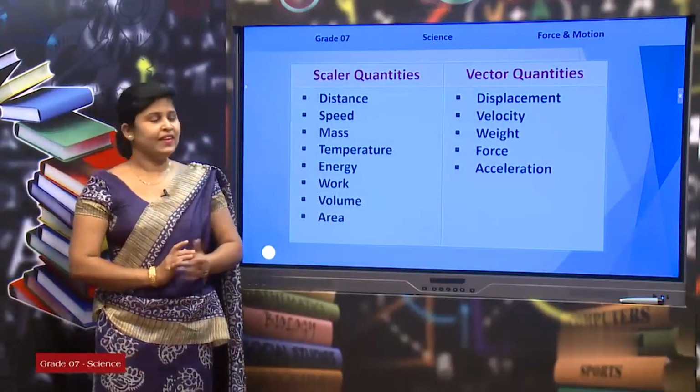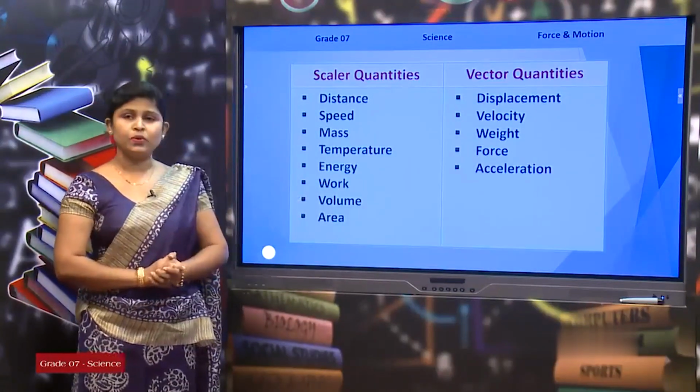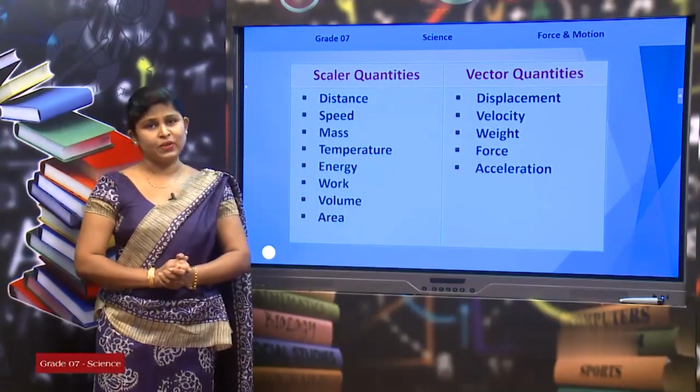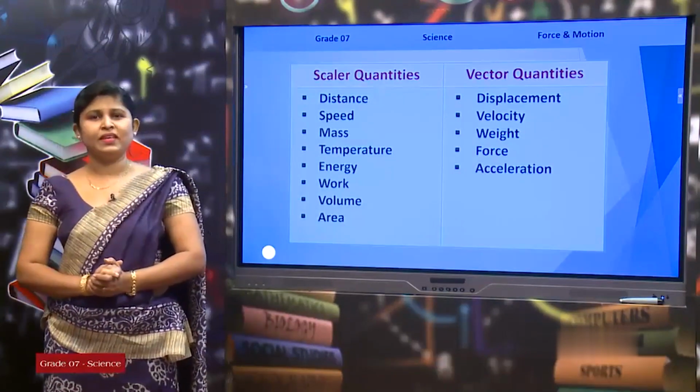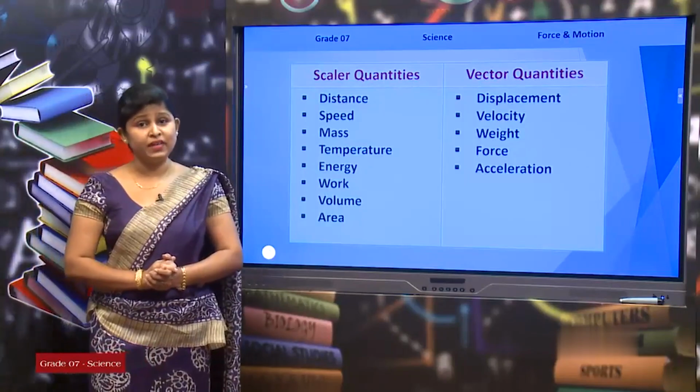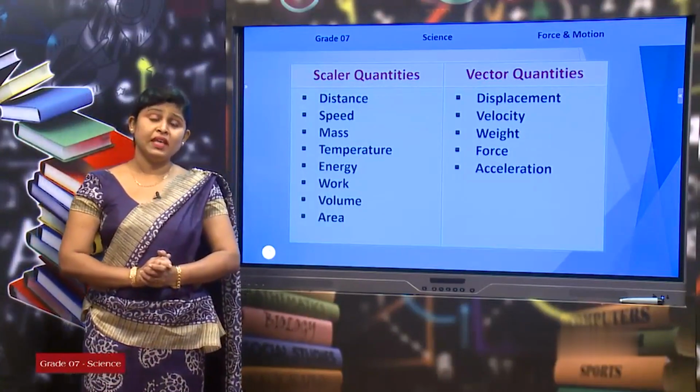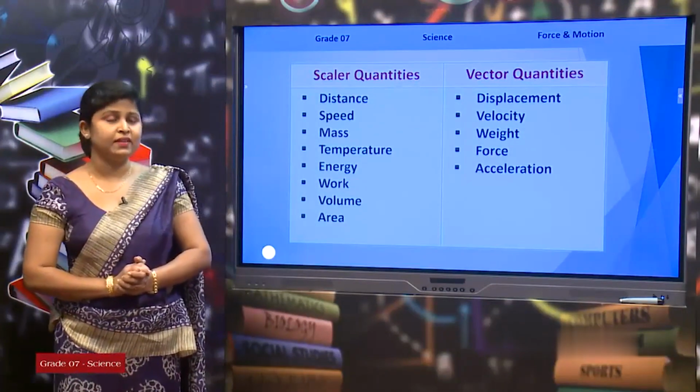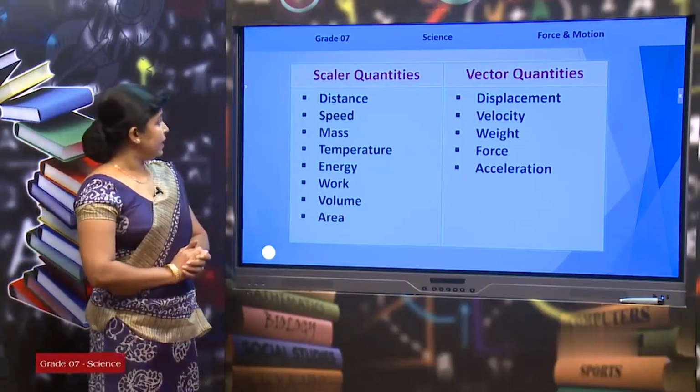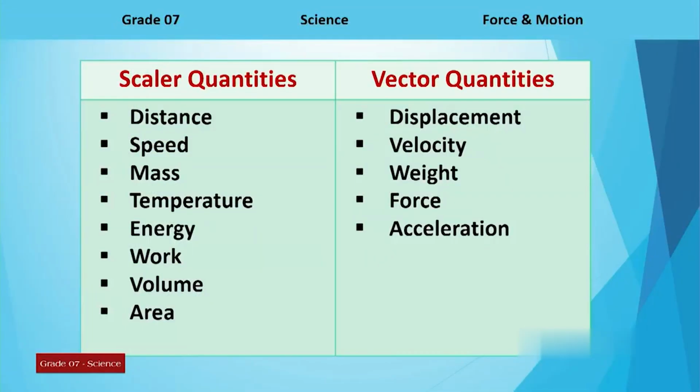My dear children, here are some examples for scalar quantities and vector quantities. Then you can check whether these quantities have a definite direction or not. Here are the examples for scalar quantities. Shall we read them? Okay.